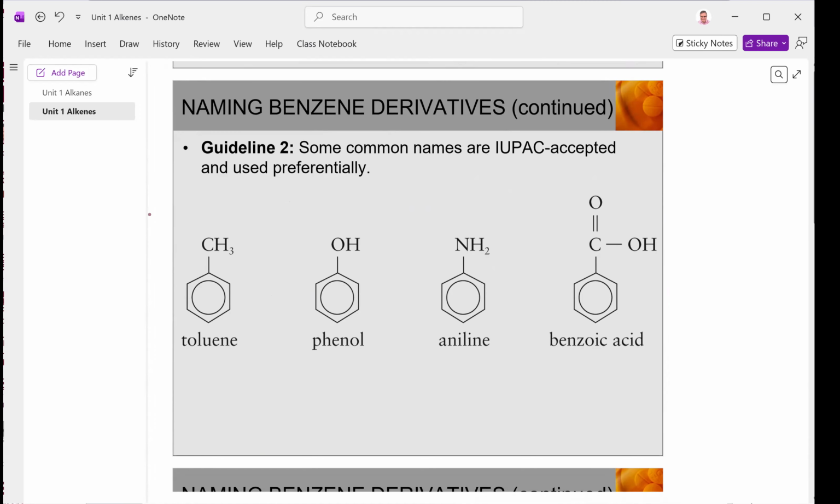Well, before I go on, there are some specialized benzene compounds that are very common, and IUPAC has allowed the common name to be used. So, for example, methylbenzene is also called toluene.